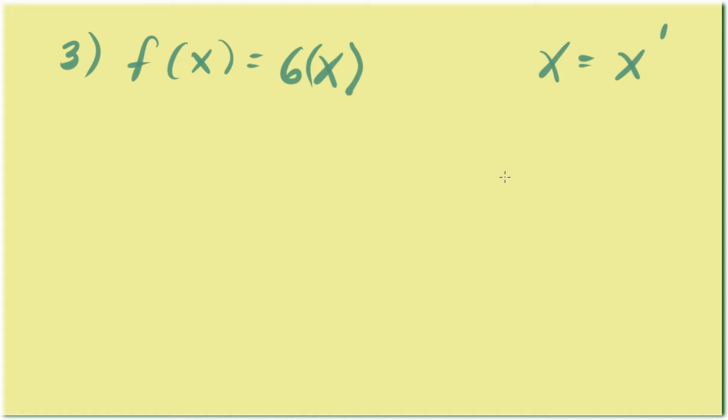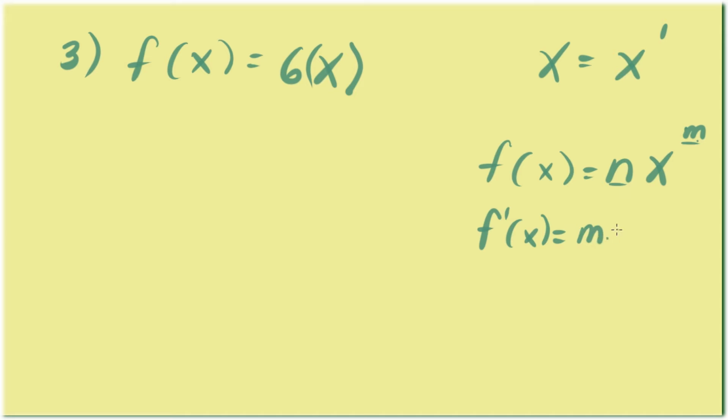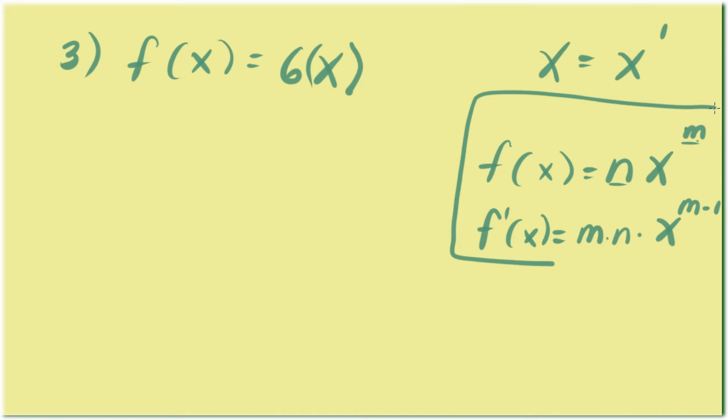So the power rule says if we have n x to the m, its derivative using the power rule is, what we do is multiply this exponent m by n, times that base x raised to m minus 1, okay? So that's the power rule right there.